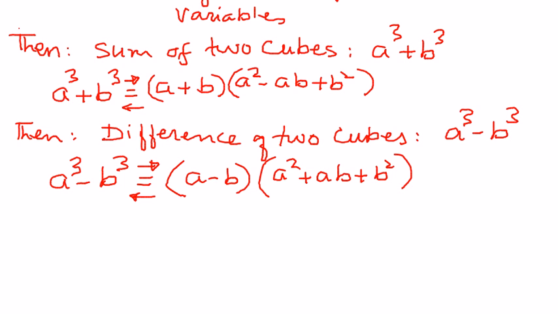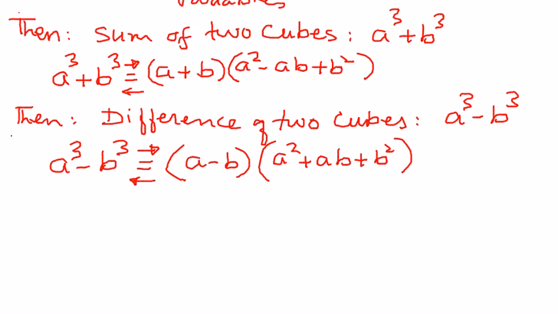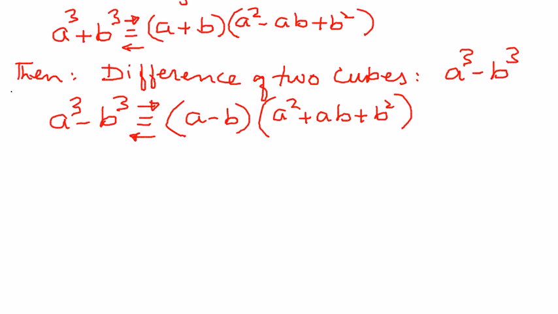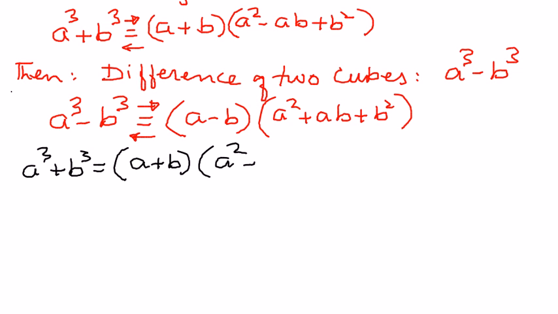Now let us go ahead and see if we can verify whether these formulas are true or not true. Let us take the sum first. a cubed plus b cubed, and we said the formula for this is a plus b times a squared minus ab plus b squared.